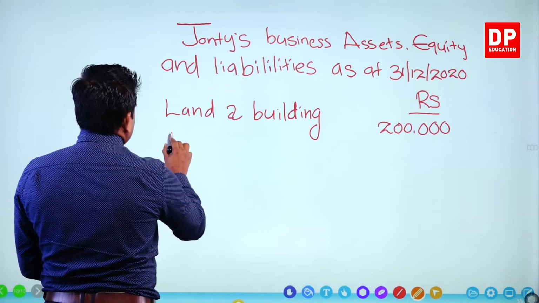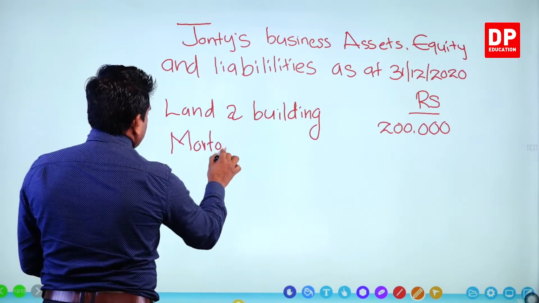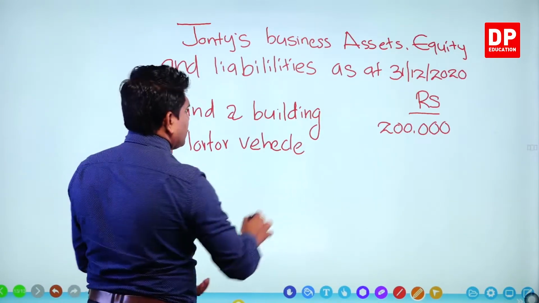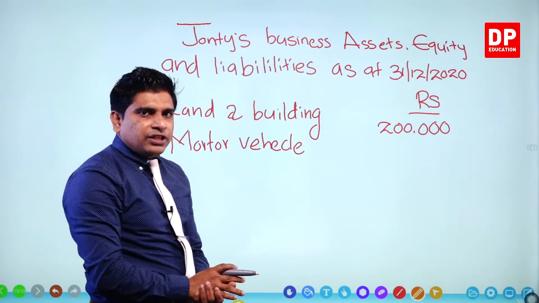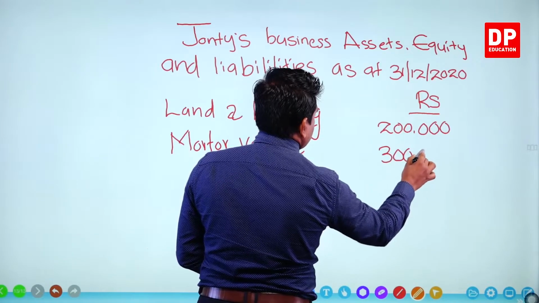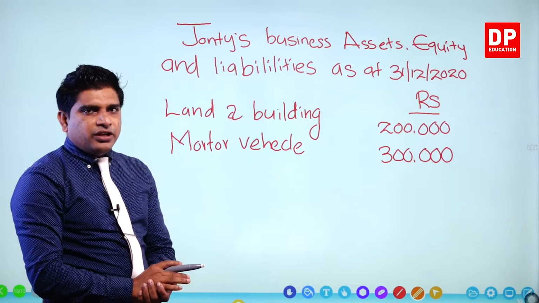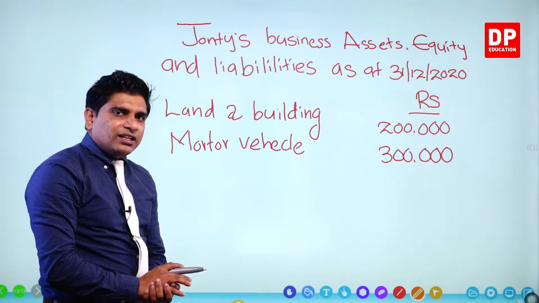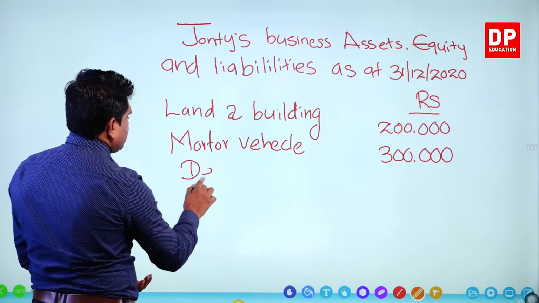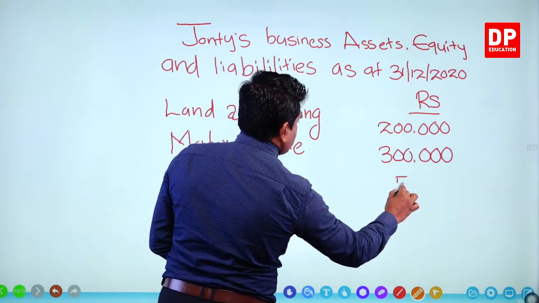Motor vehicle value 300,000. Right? Then the other one is debtor. How much? 50,000. Write down.